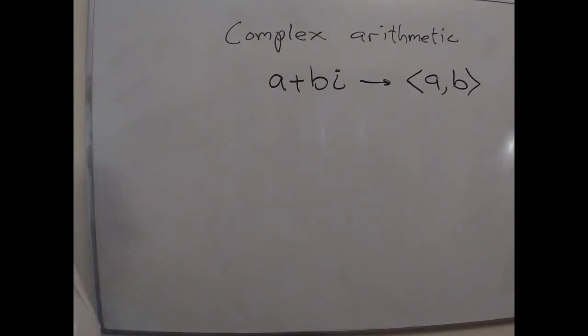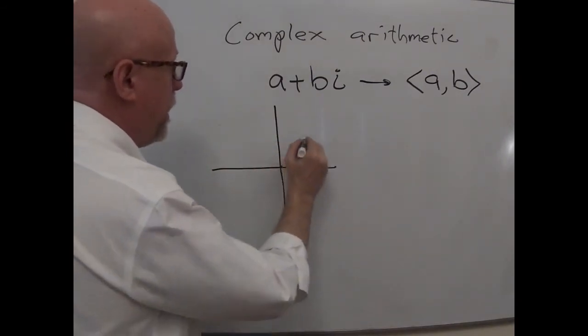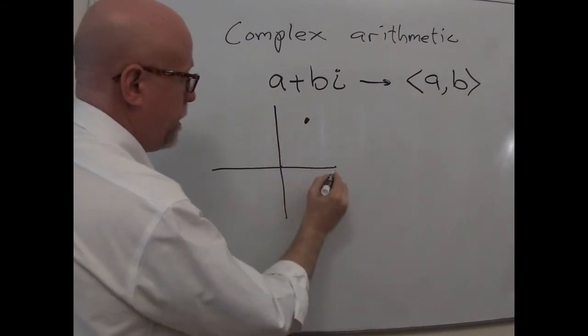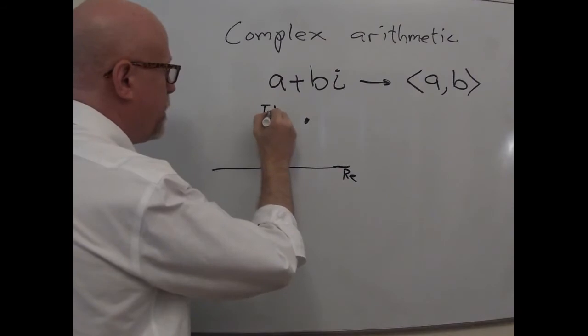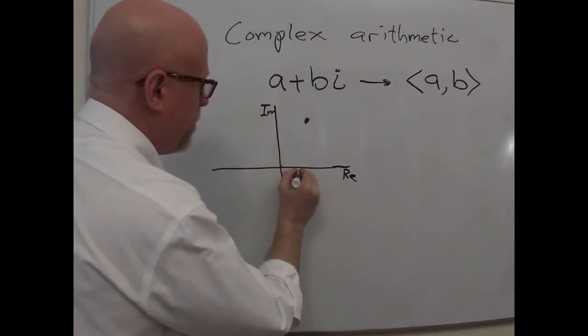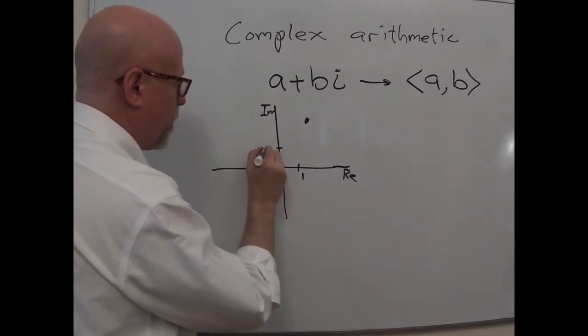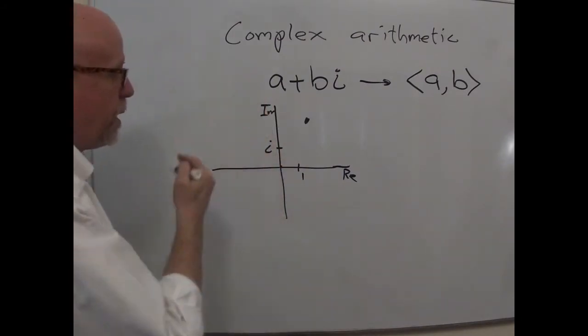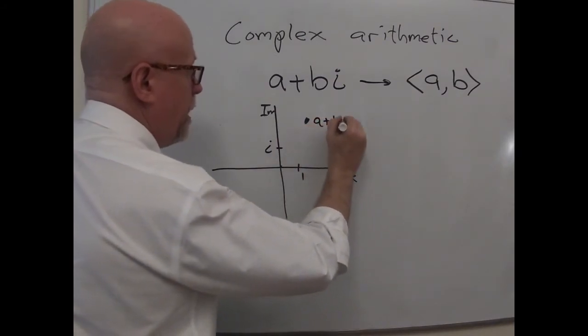In other words, when you're thinking about the thing as a complex number, a plus bi is a spot in the real versus imaginary plane. The real has 1 along the real axis, the imaginary has a marker i along the vertical axis, and that point is a plus bi.